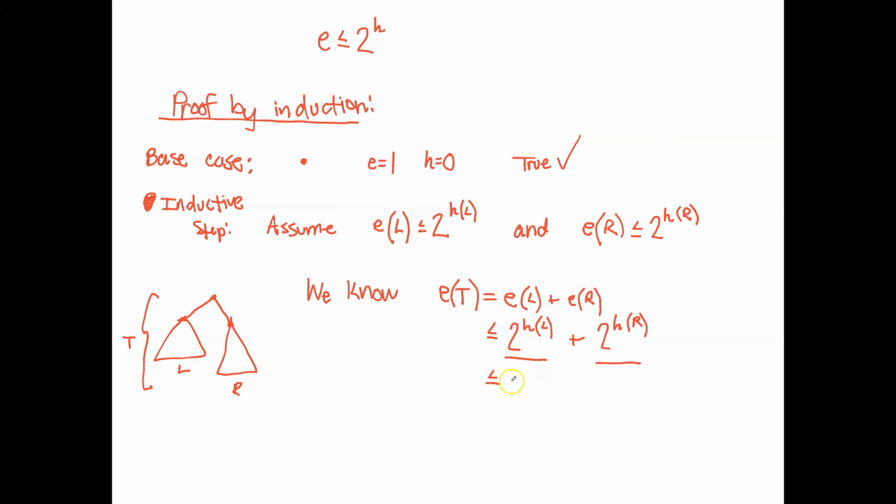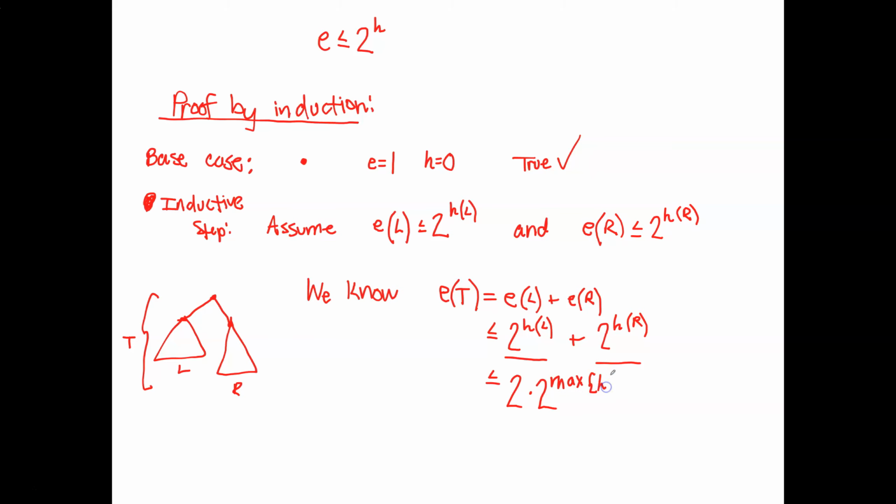So 2 times whichever one of these values is larger. So that's 2 to the power of, we don't know if it's the height of L or R, so we just have to take whichever one of them is larger. So we're going to take the maximum here.